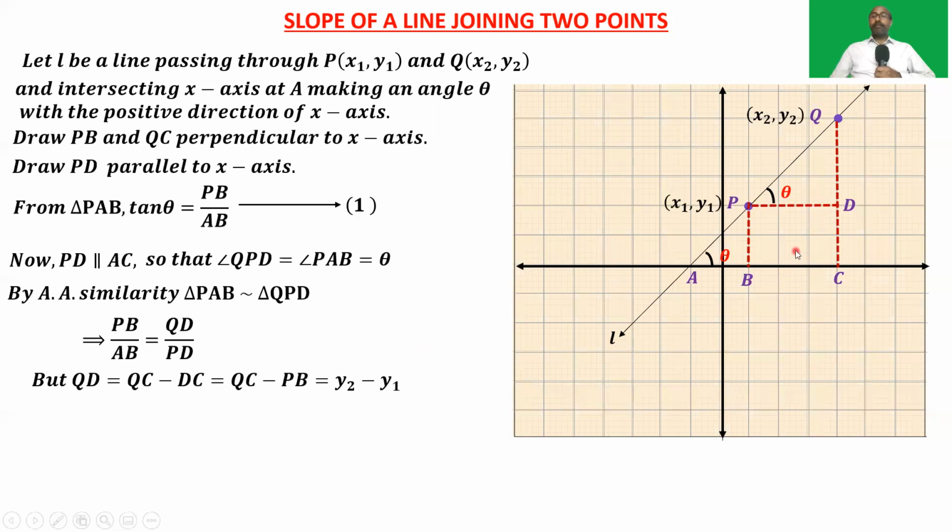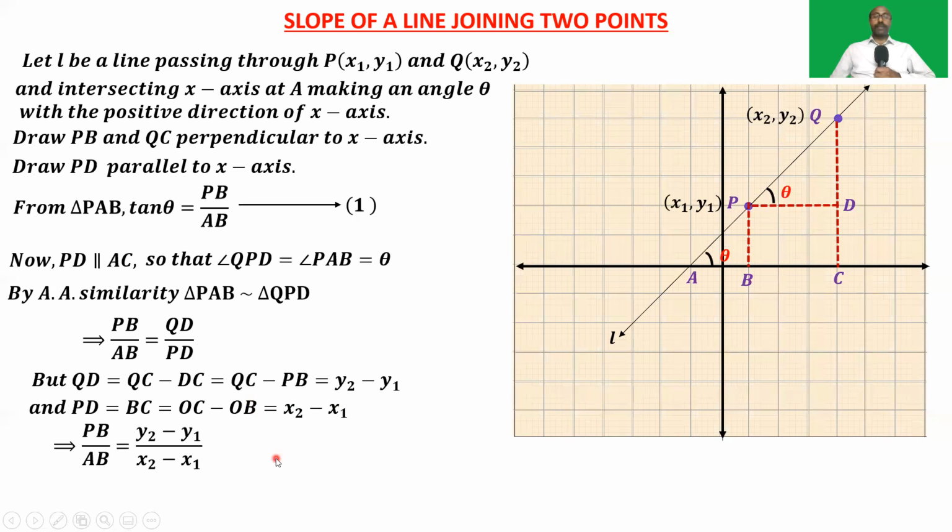Also, PD is equal to BC, and BC is equal to OC minus OB, which is equal to x2 minus x1. Now, substitute these values in PB by AB. So PB by AB is equal to y2 minus y1 by x2 minus x1. Take it as equation 2.